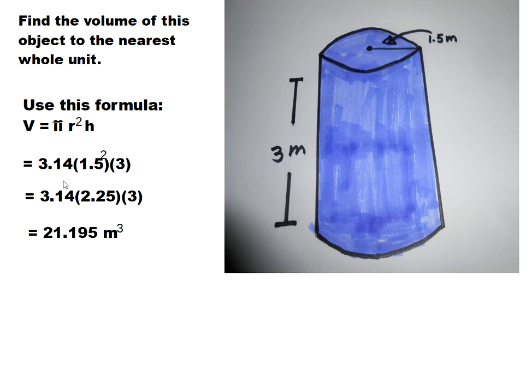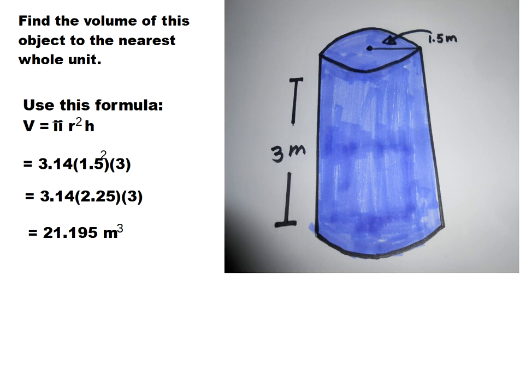But in order to make it easier, you get the 1.5 squared first, and you put it here, 2.25. So 3.14 times 2.25 times 3, and the answer is 21.195 meters cubed. So this is an example, and the next one you will solve by yourself.